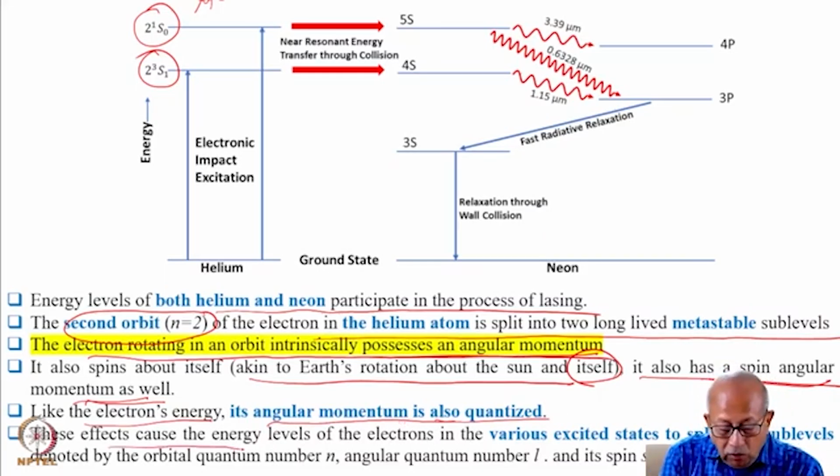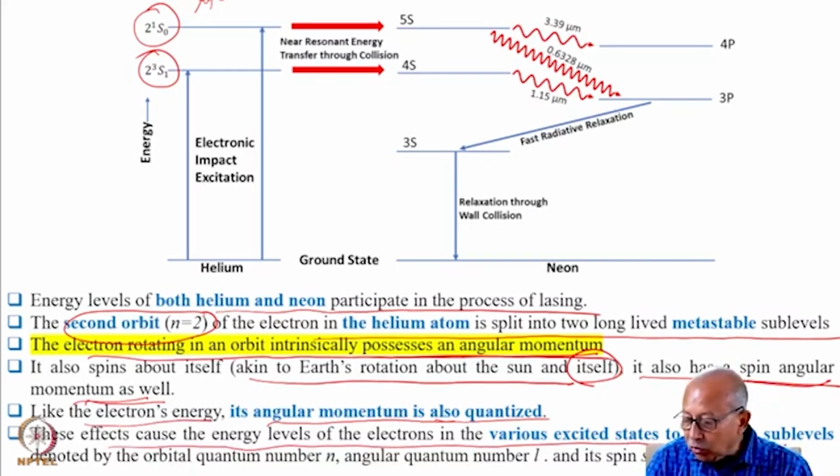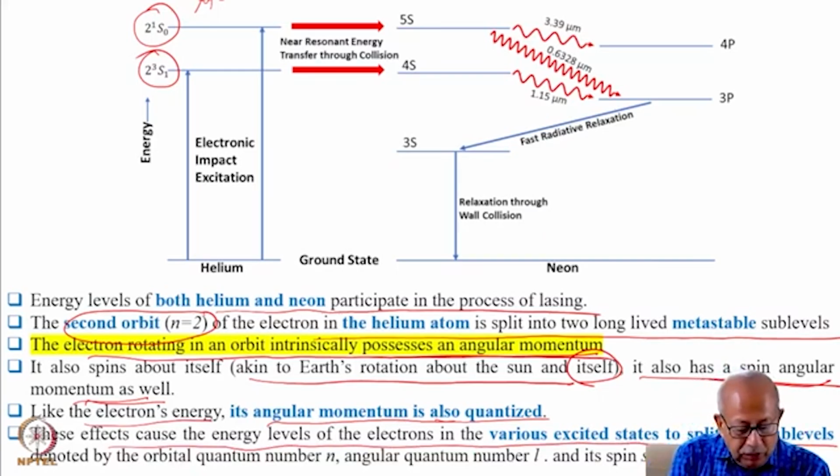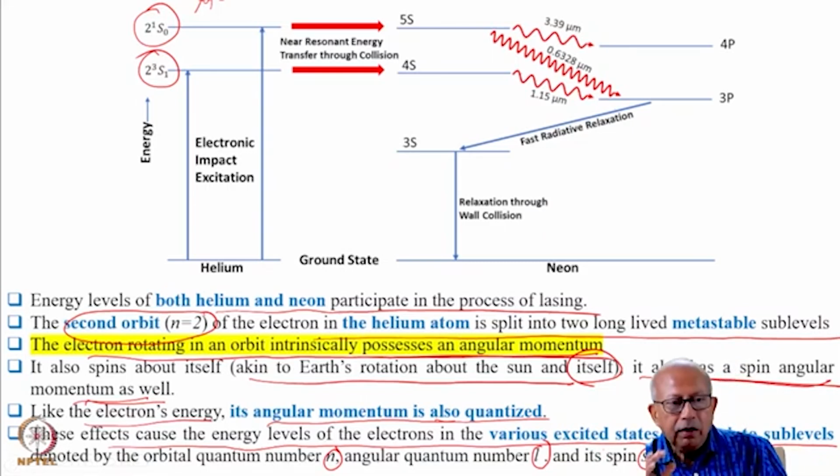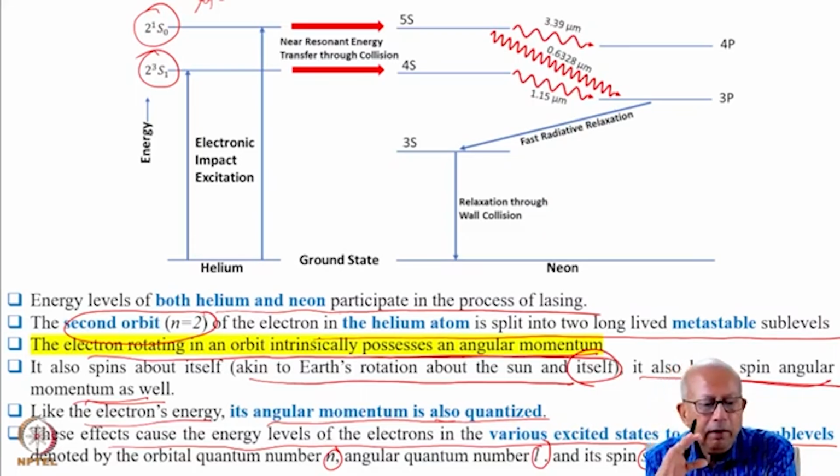These effects cause the energy levels of the electron in the various excited states to split into sublevels, denoted by the principal quantum number n, the orbital quantum number L, and spin S. However, these are all spectroscopic features and outside the scope of this course, and I will not deal with them in great detail.